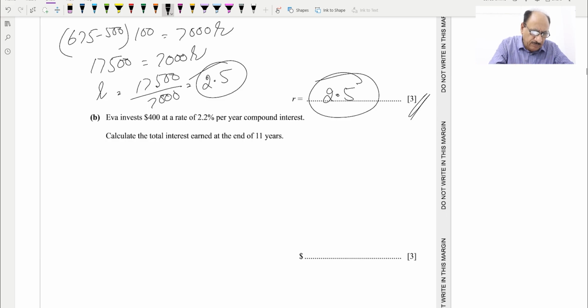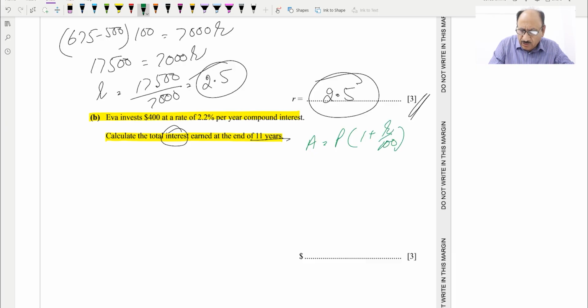So B part says Eva invests 400 at the rate of 2.2% per year compound interest. Now in this case it is compound interest. Calculate the total interest earned. So interest earned is required basically at the end of 11 years, and the formula is amount is equal to principal amount into 1 plus rate over 100 raised to the power t.